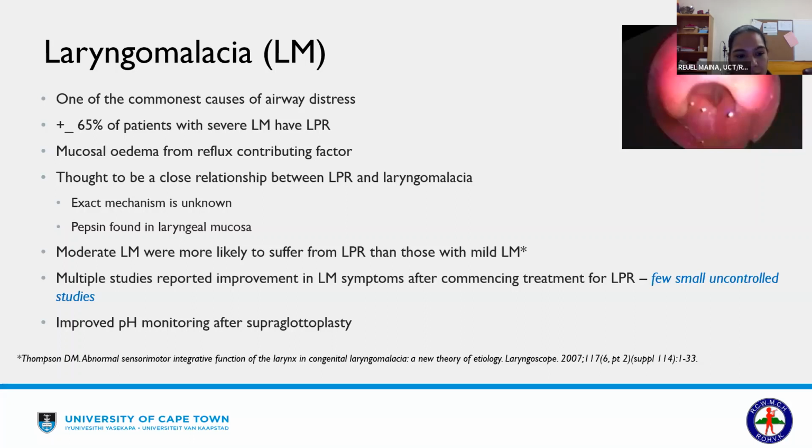And multiple studies have reported improvement of laryngomalacia symptoms after commencement of LPR treatment, although these studies are few, they're small, and they're not controlled. In the study that I've quoted in 2007, they also showed that patients who had supraglottoplasty had improved pH monitoring post-surgery.